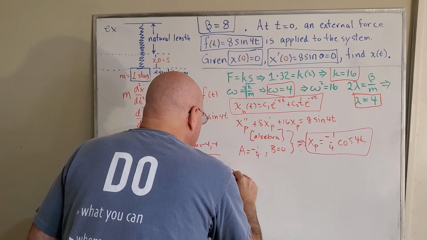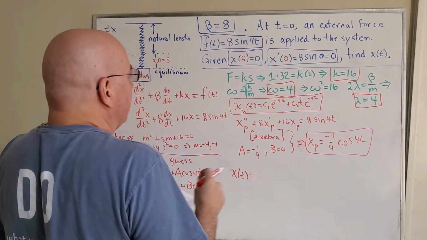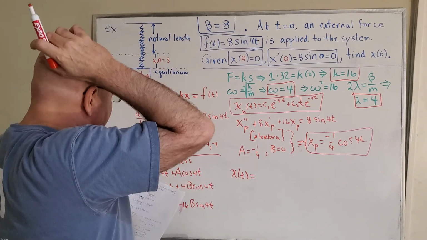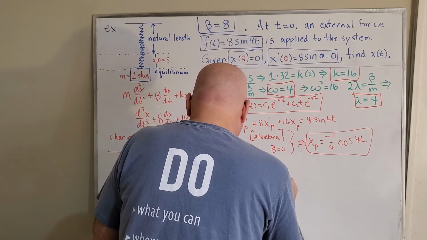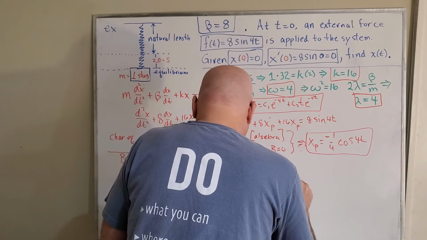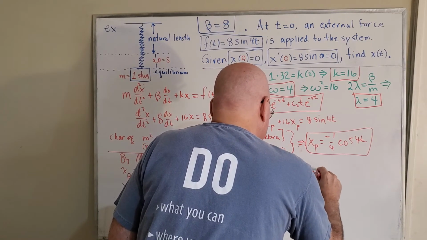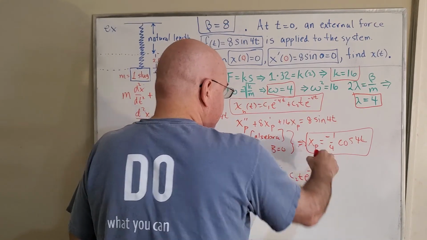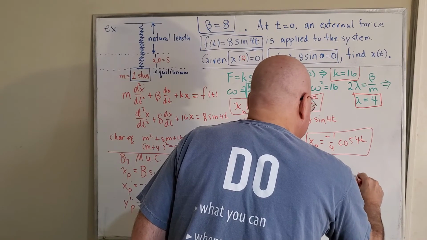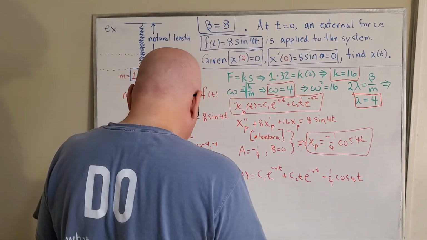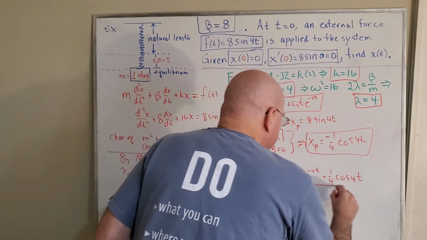So our final general solution is going to be C1 e to the negative 4t plus C2 t e to the negative 4t plus this guy, minus 1/4 cos 4t. And I'll go ahead and put a box around that.